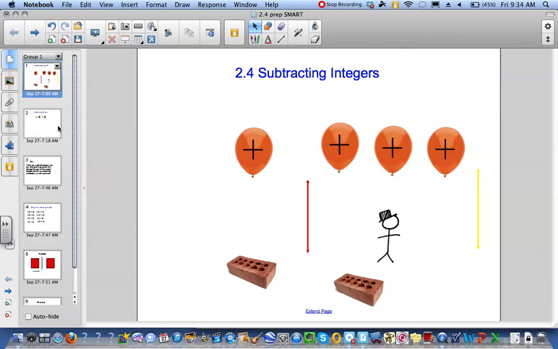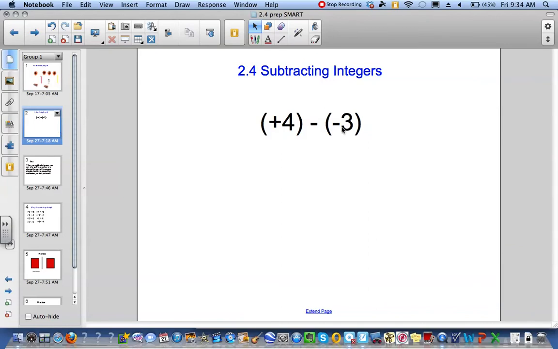So I'm going to try and explain that the best that I can over here. So we have positive 4 minus negative 3. We're taking away a negative. So when we take away a negative, it is a lot like we are adding a positive. So instead of positive 4 minus negative 3, we would end up with positive 4 plus positive 3.